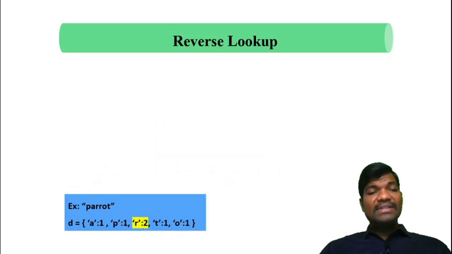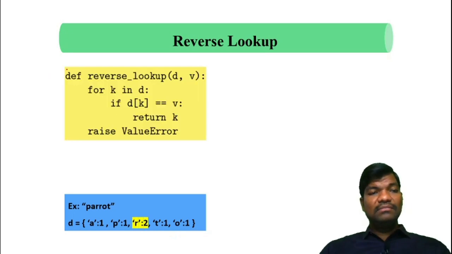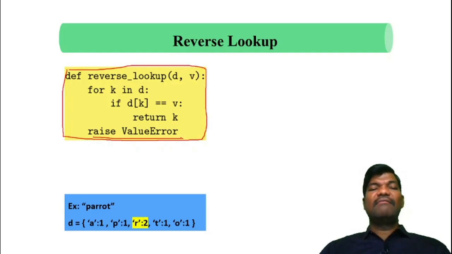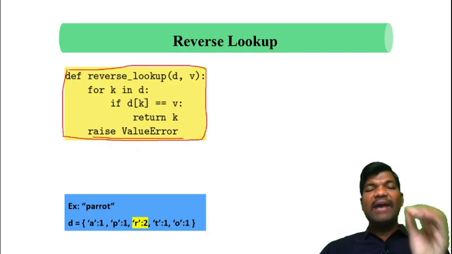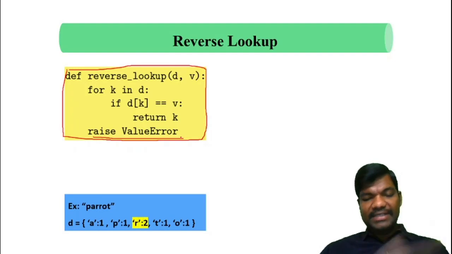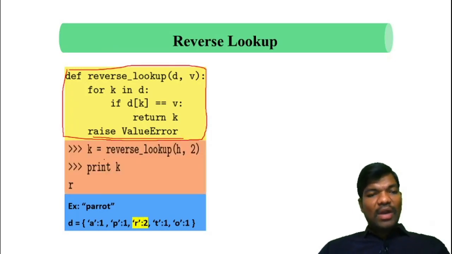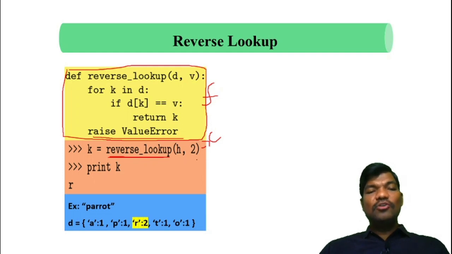Now consider the same example. This is the program. Already we discussed it. Finally, we are raising an error, a value error. When will the value error occur? Let's check. K equal to reverse lookup of H comma 2. This is a function call.